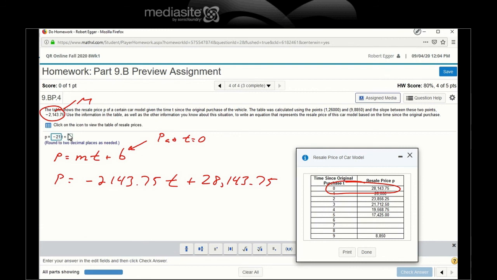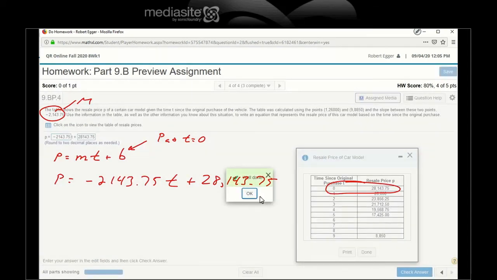Minus 2143.75. Don't put extra numbers in. And all is good.